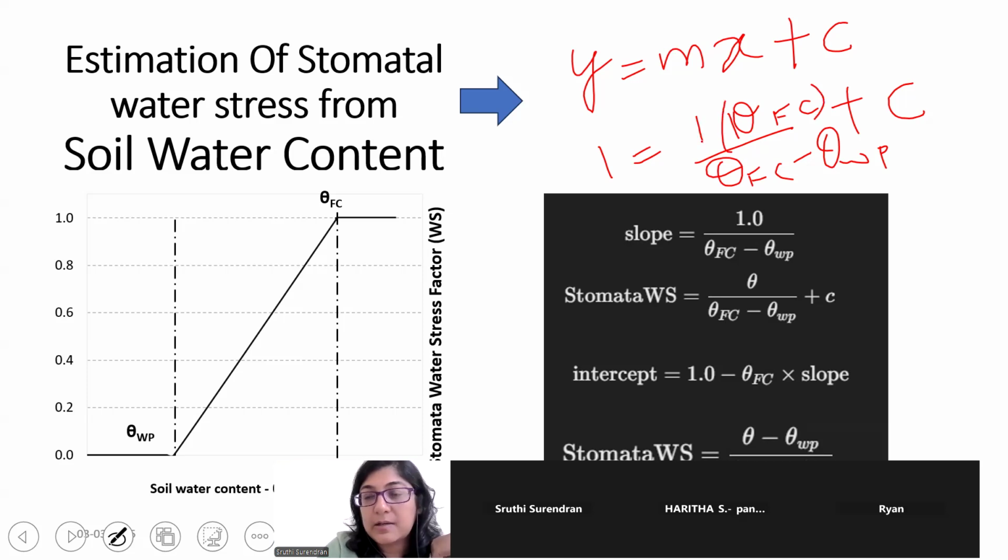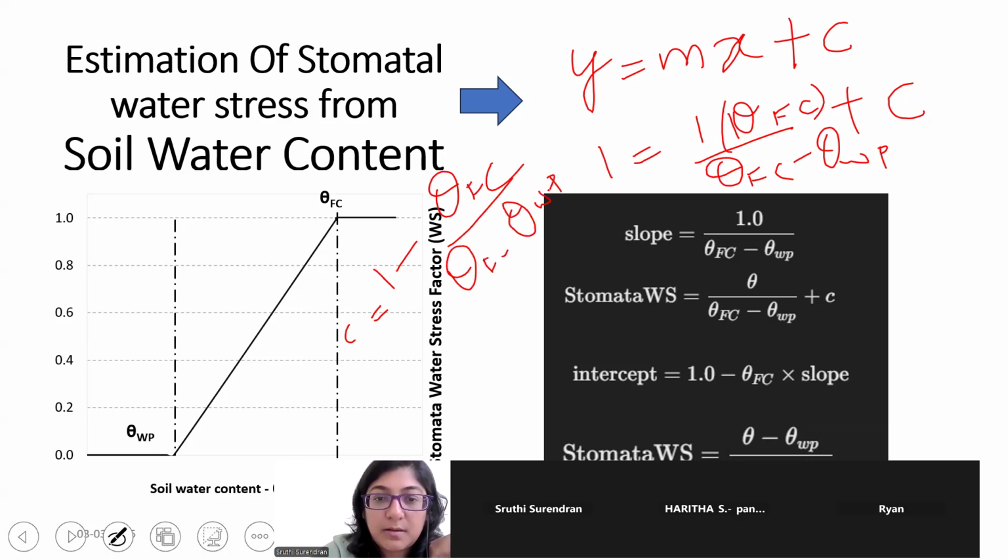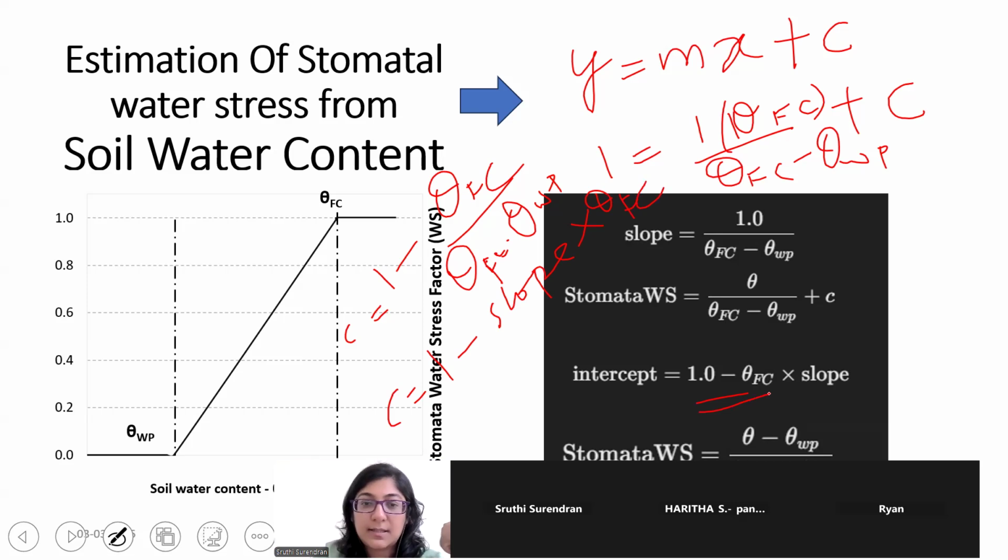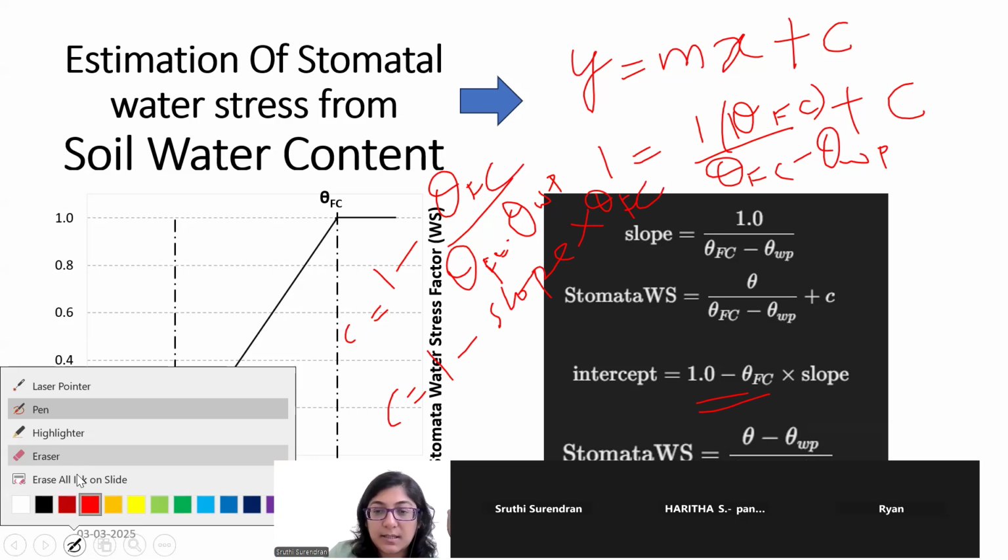This is the slope value and this is the intercept value. So from this, we know the intercept is equal to 1 minus slope into theta fc. So this will give us the intercept value, which is nothing but 1 minus theta fc into slope. This is how you get the intercept value.